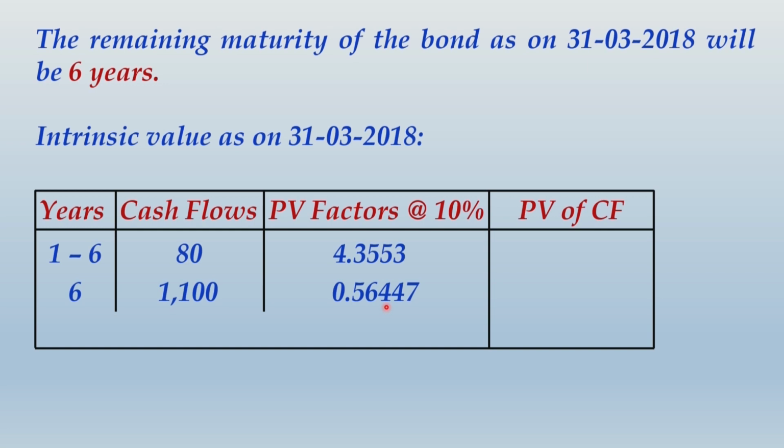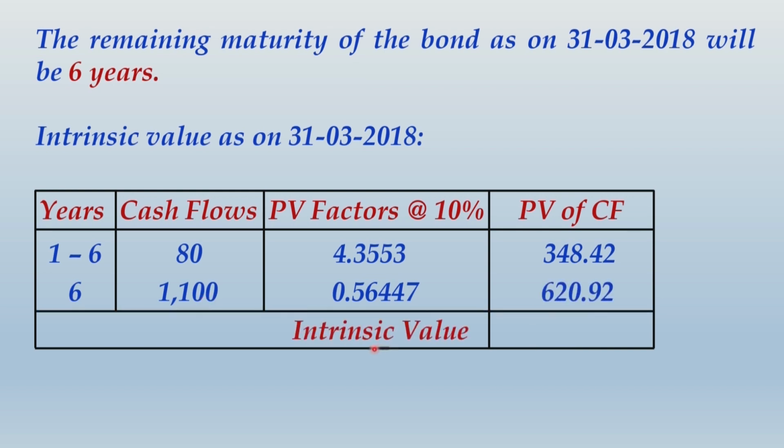If your calculator does not have the GT function, then manually you can sum up all the PV factors of 6 years to arrive at this annuity factor. Now, when you multiply this annuity factor to the cash flow and this PV factor to the redemption price, you will be getting the respective present values, and when you take that aggregate, the resulting intrinsic value is 969.34. So friends, this is how we determine intrinsic value of a bond.